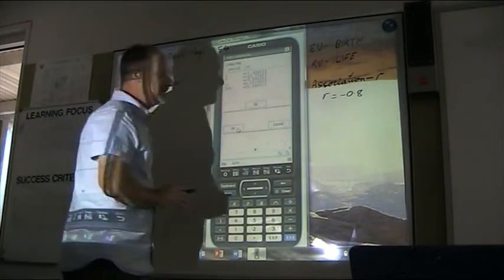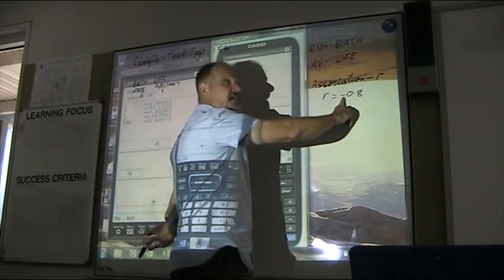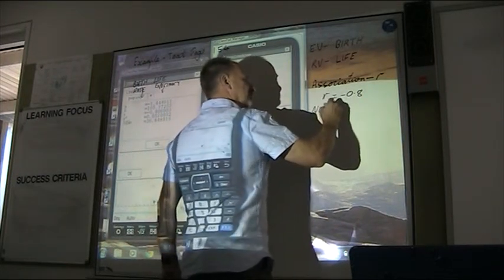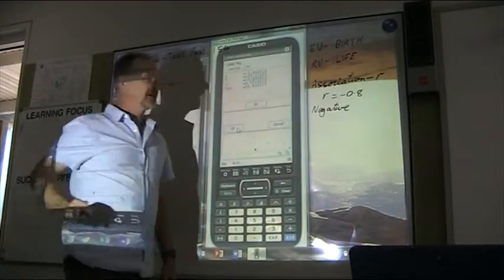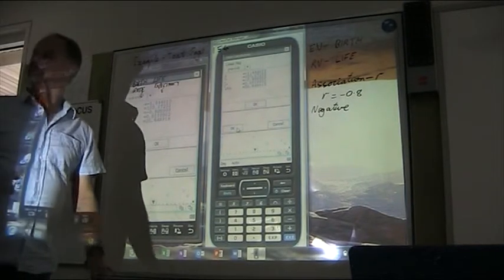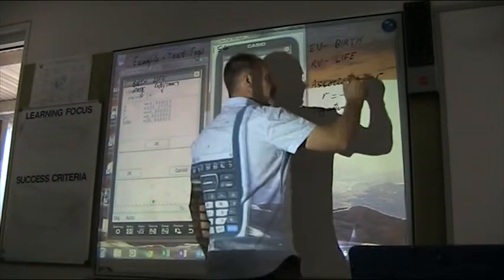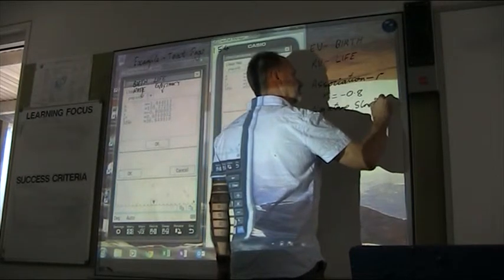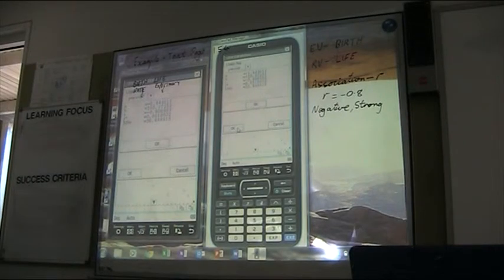Tells us two things. First of all, the sign here tells us that it's a negative association. And what does the 0.8 tell us about the strength? Strong, weak, it'll be strong, 0.8, closer to 1, remember? So negative and it's strong. It's 0.8, close to there.